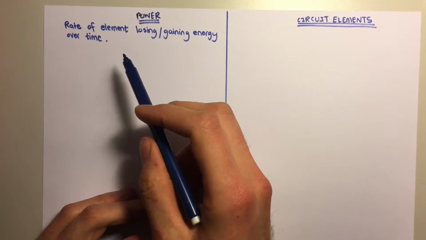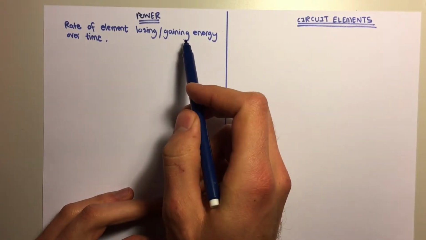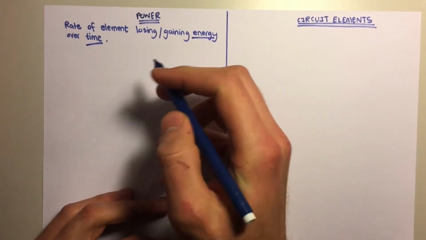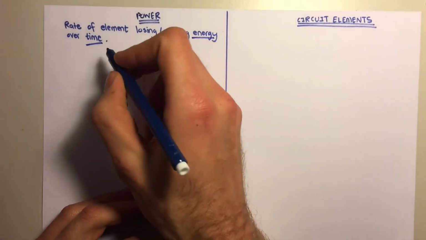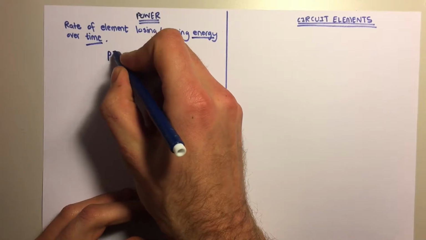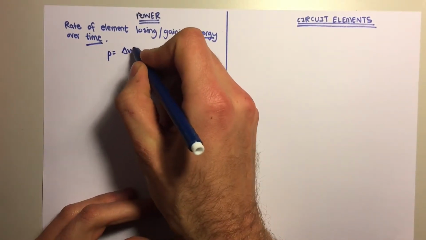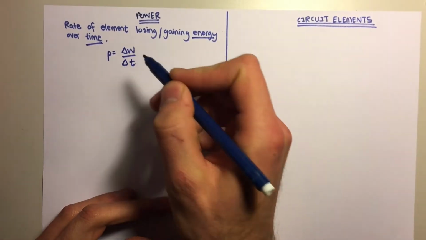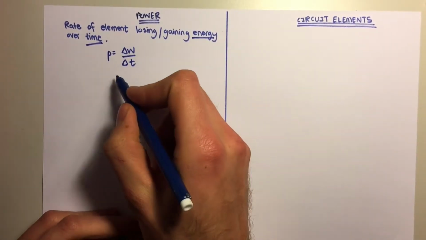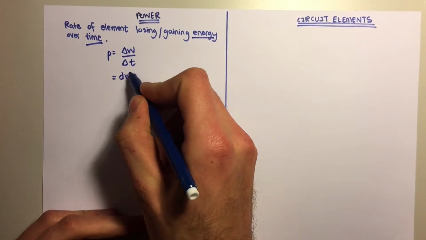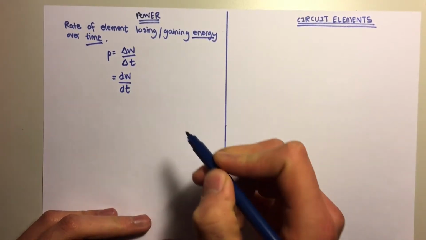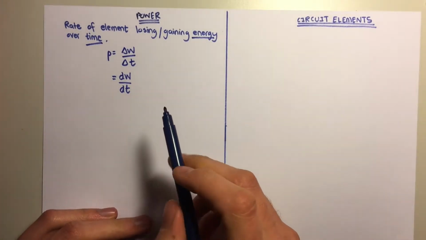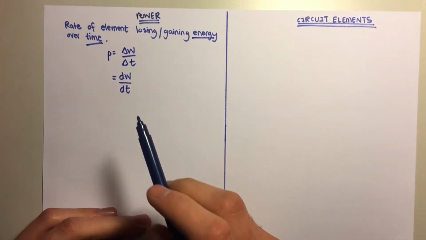We just said that energy is defined as W, so the change in W for energy over the change in time, which would give us the derivative of W with respect to time. And now we can say, okay, well, how can we define power in terms of voltage and current?